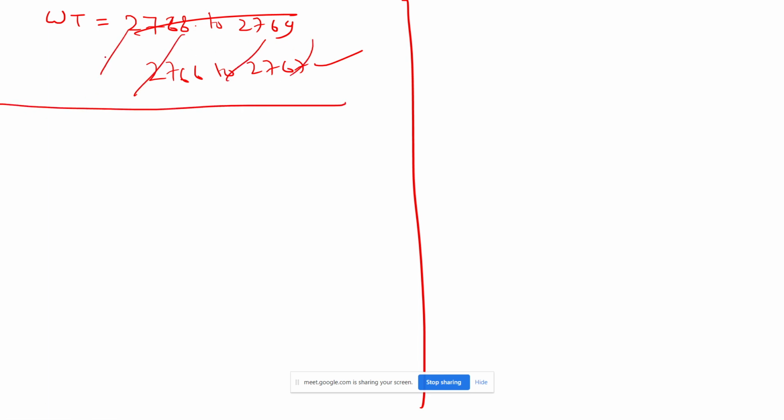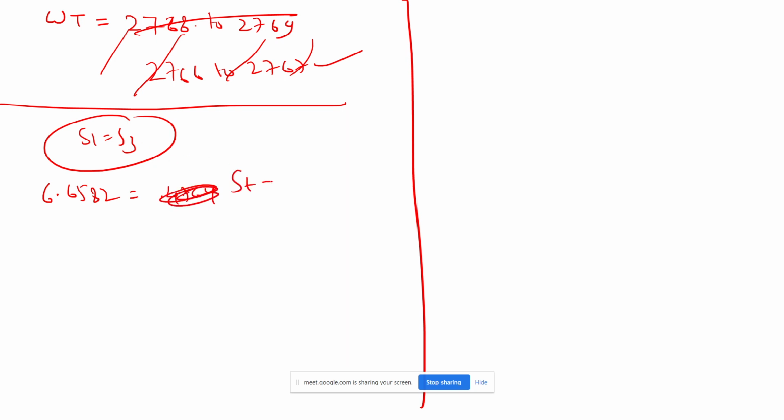Now we have calculated the enthalpy at point 2, so point 3 we have to calculate. 6.6582 equals SF plus X into SFG, taken at 0.05 bar.